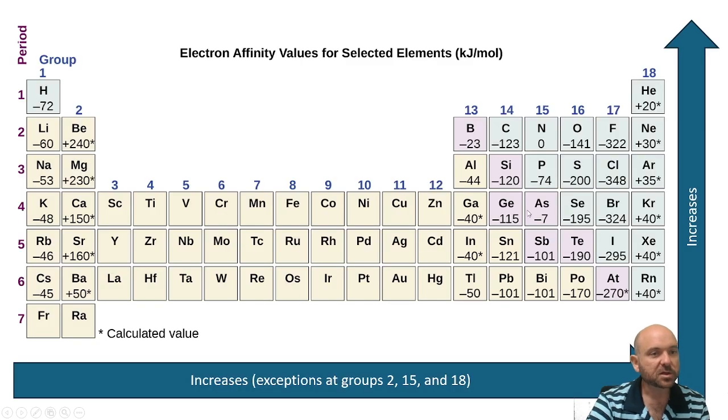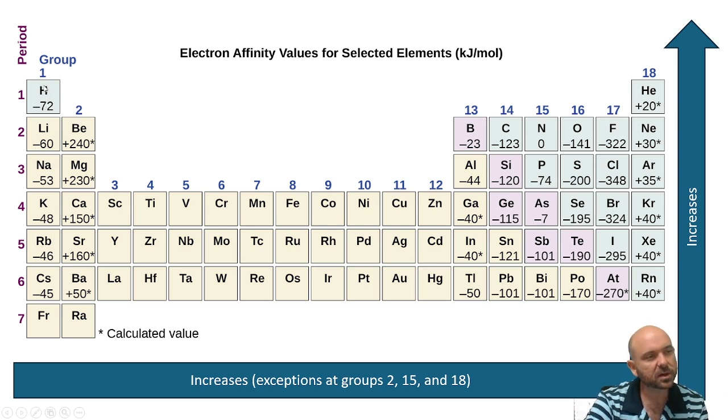If we look at the trends for the electron affinities, we can see that it is very close to the same trends as the ionization energies, with a few exceptions, and I want to talk about those exceptions here. So we can see that the group 1 elements typically give us energy back when we add an electron to those atoms.